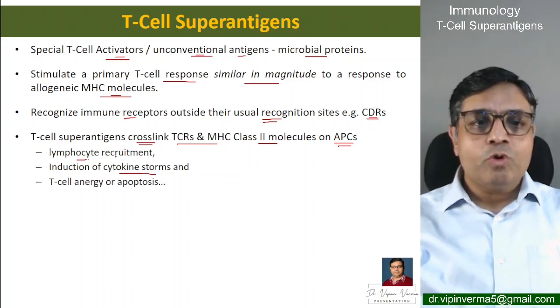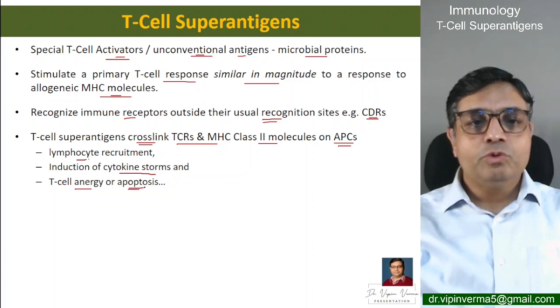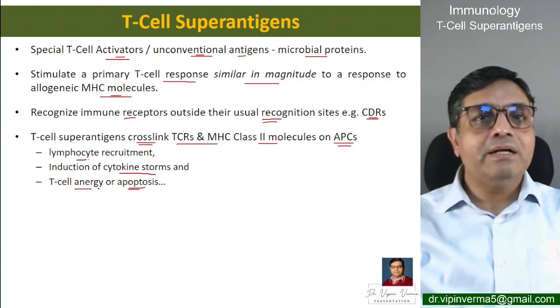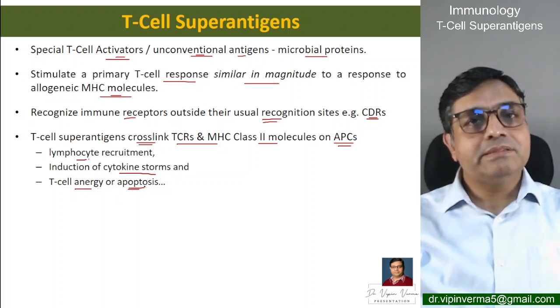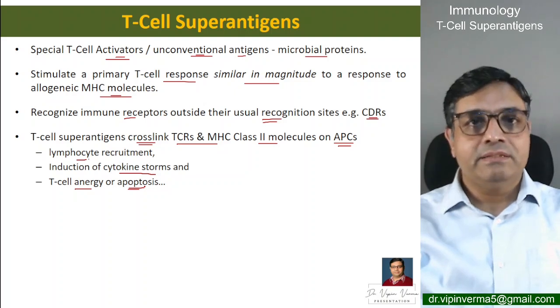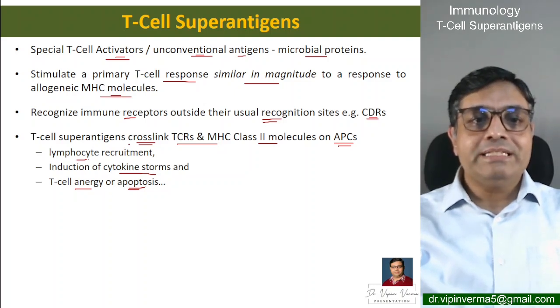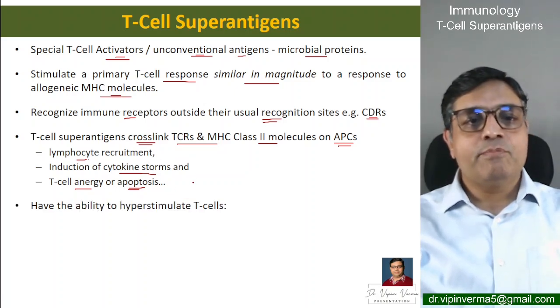They can also cause T cell anergy or apoptosis. Anergy is the unresponsiveness of the T cell, and apoptosis is programmed cell death. So T cell superantigen cross linking can cause these kinds of incidents inside our body.